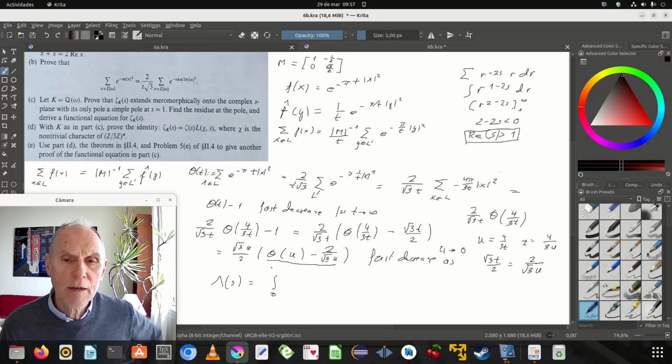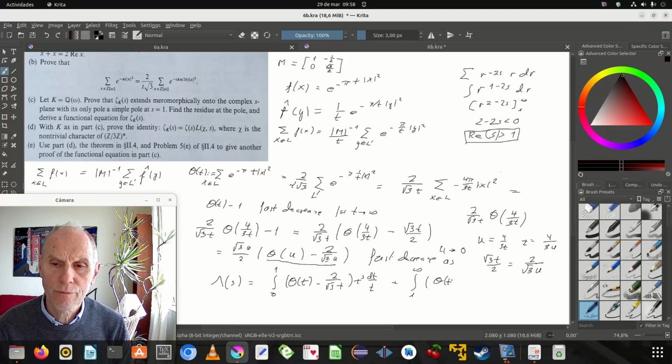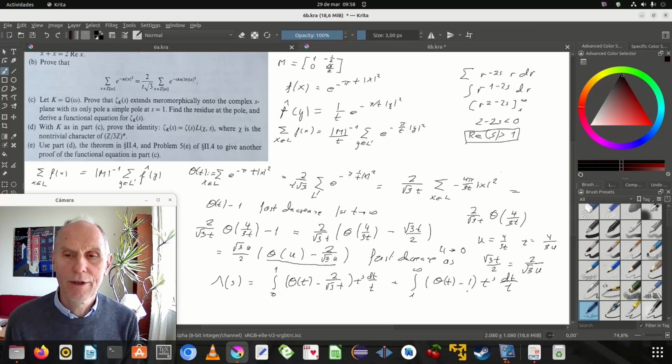We take the Mellin transform from 0 to 1, and from unity to infinity, this is an entire function.